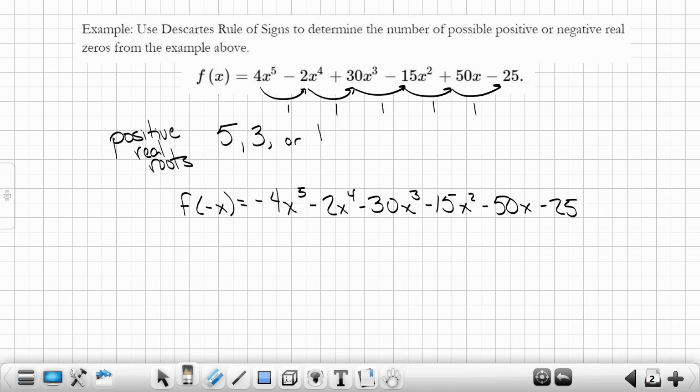So, did I change signs? No. Did I change signs? No. Did I change signs? So this has no negative real roots.